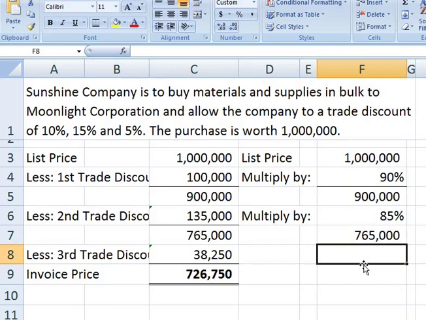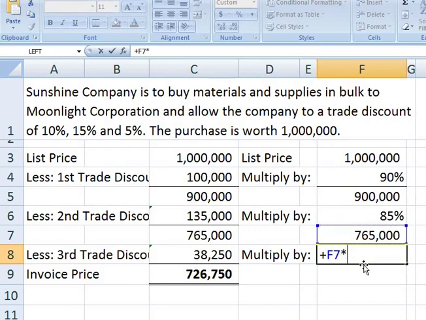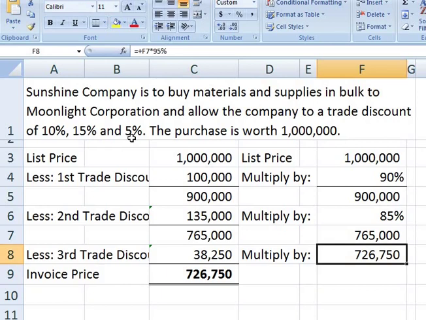And then lastly, for the third trade discount, you have here that much times, so this time 5% man, so 100% minus 5%, so that would be 95%. So multiplied by 95%.